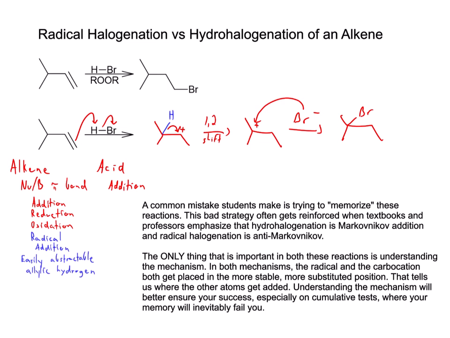In both mechanisms, the radical and the carbocation both get placed in the more stable position. That's the more substituted position. That tells us where the other atoms get added. Understanding this will better ensure your success, especially on cumulative tests, where your memory will inevitably fail you when you have to keep track of possibly hundreds of different reactions at a time.